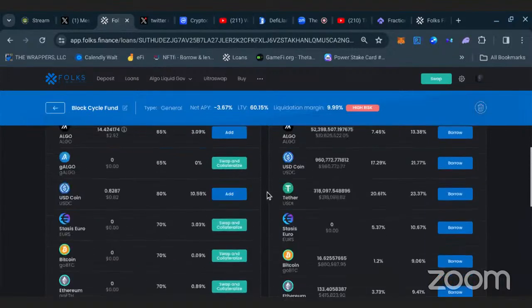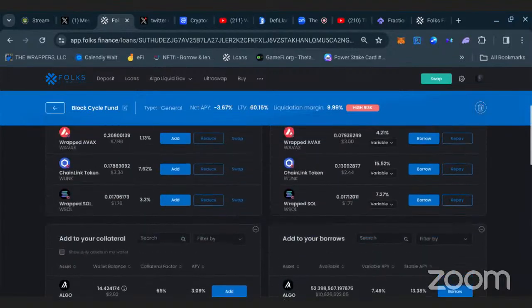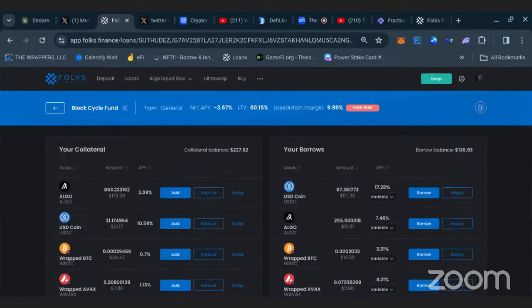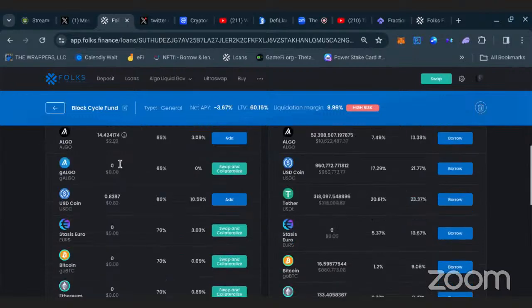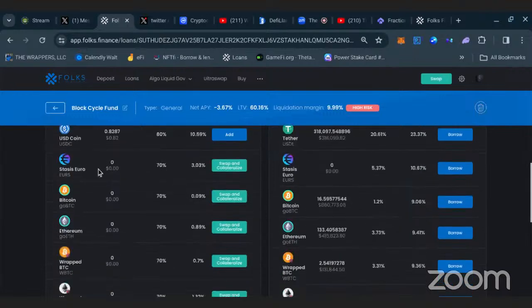Tether is not as beautiful as people think it is. That's the reason USD coin is so big and prominent over USDT. The EURS, the Stasis Euro, is a product of a company that's basically taking the initiative to provide a stable coin for Europe. You see what I mean?